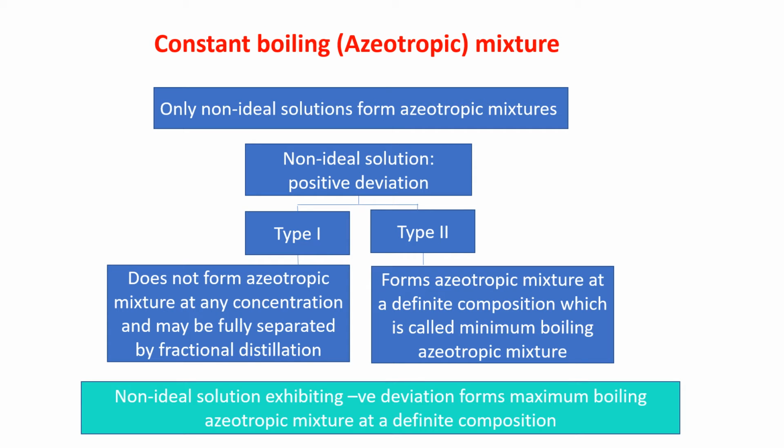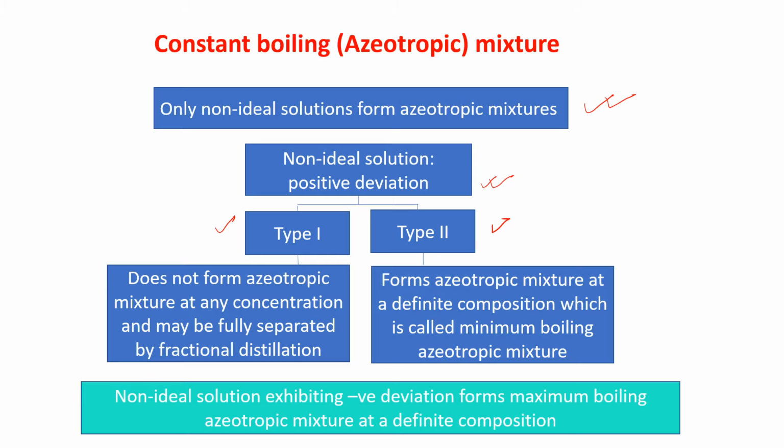Whatever we have discussed till now is given here in summarized form. Just see here, only non-ideal solutions form azeotropic mixtures. Now, a non-ideal solution showing positive deviation is of two types, type 1 and type 2.